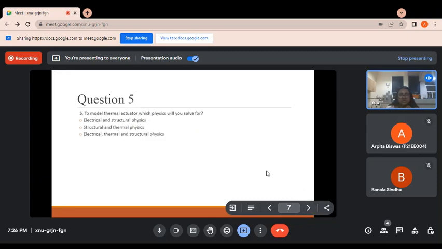So the next question is, to model a thermal actuator, which physics will you solve for? The first option is electrical and structural physics, second is structural and thermal physics, and the third option is electrical, thermal and structural physics.